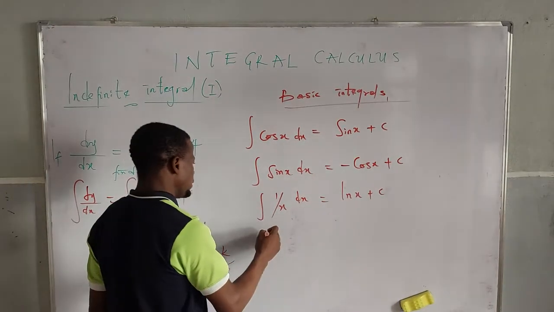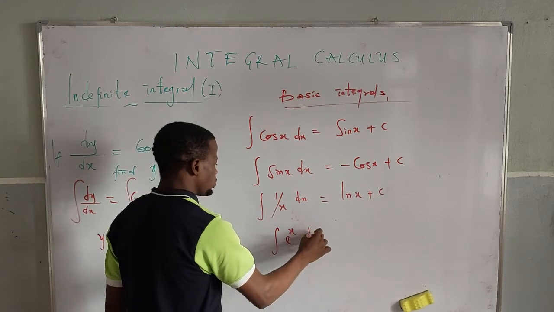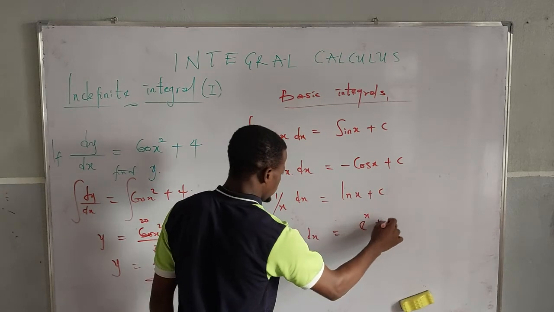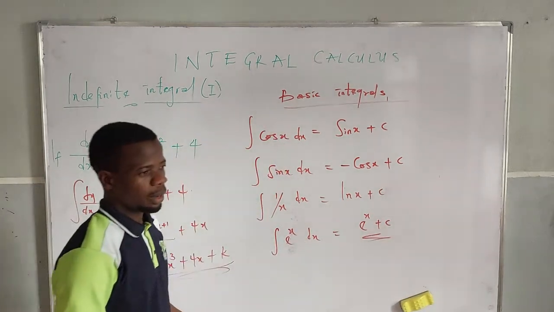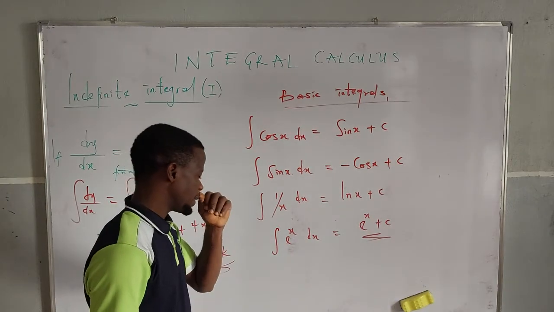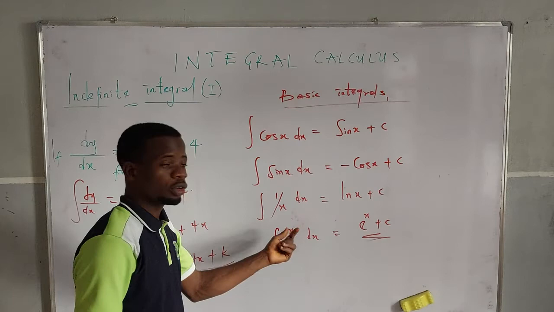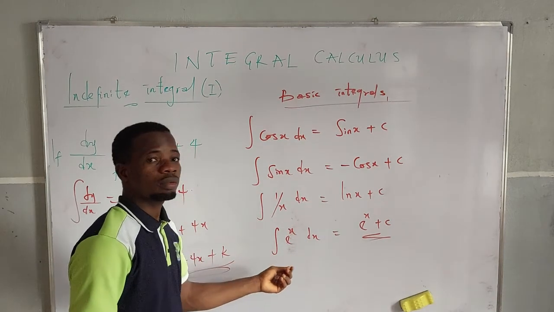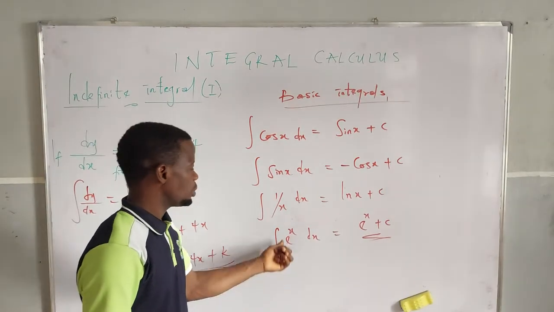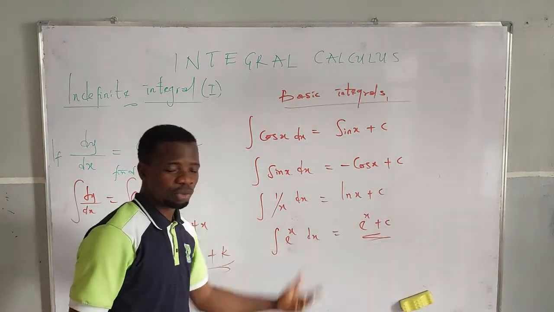Again, if you have the integral of exponential x, it will still give us exponential x. And this applies a different rule actually. Whenever you are integrating the exponential of any function, you differentiate that function, and you divide by whatever you have as an answer. So if you differentiate x, you have 1. So this over 1 is the exponential of x.